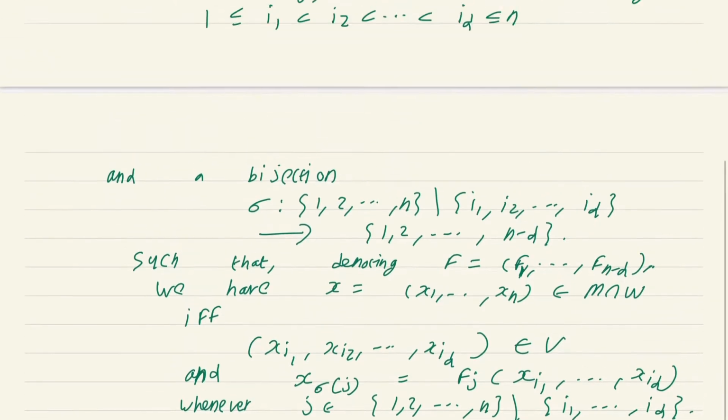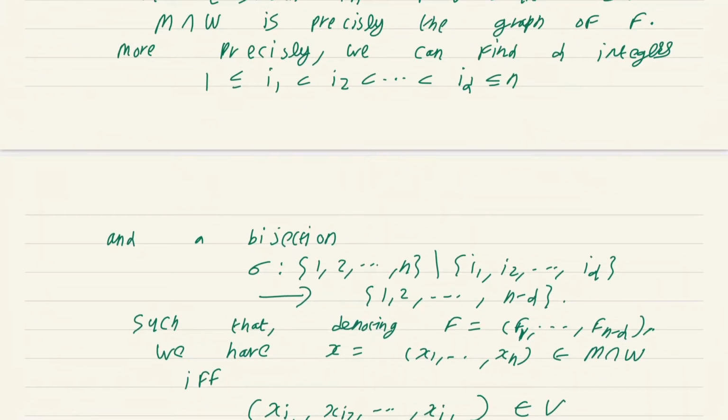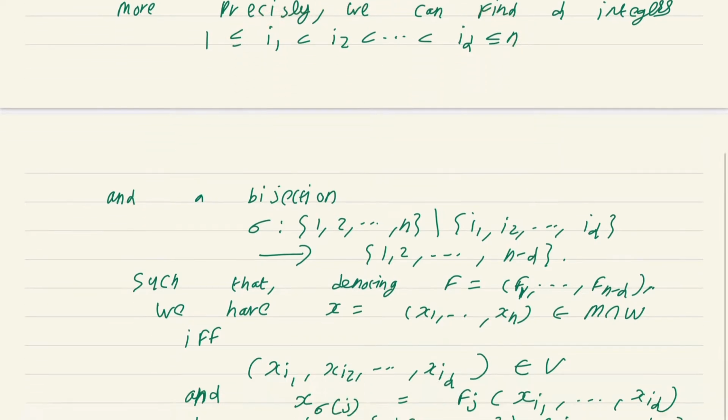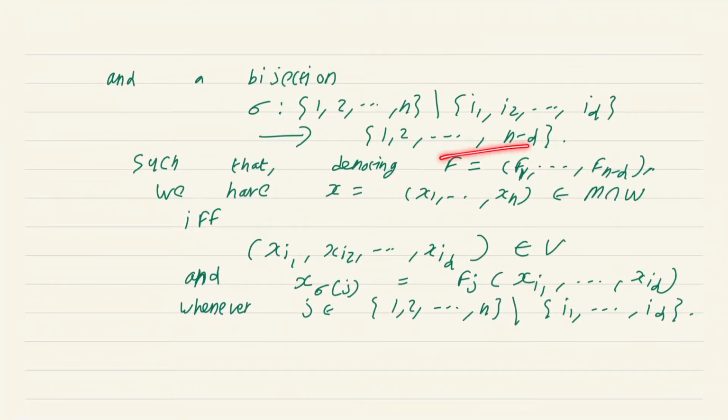So what we do is this: i1 to id gathers together all the independent variables. So the rest of the variables are the variables that are going to be written as a function of these d variables. Now the function f is going to be the function that writes it as a graph. So the function we are denoting by f1 to f_(n-d). This sigma map just puts this f1 to f_(n-d) in the correct slots to make it a graph.